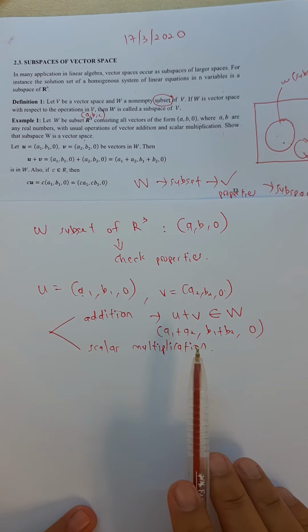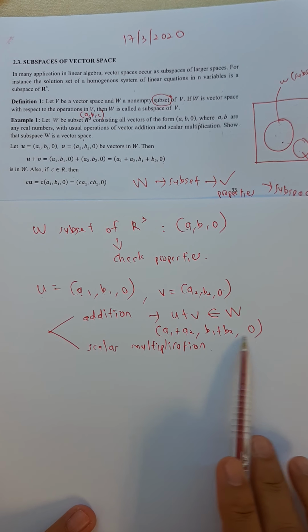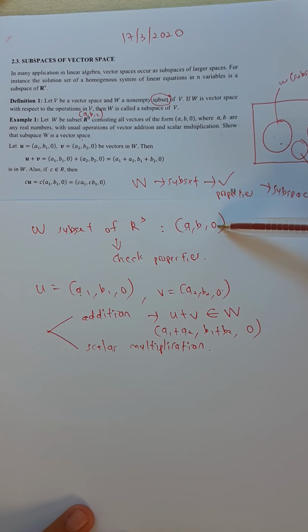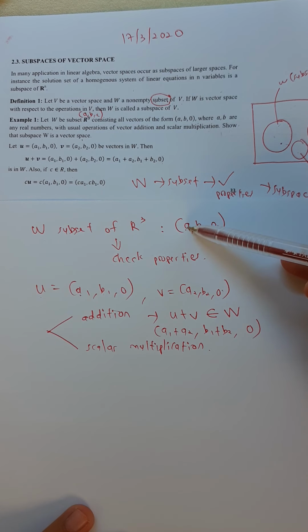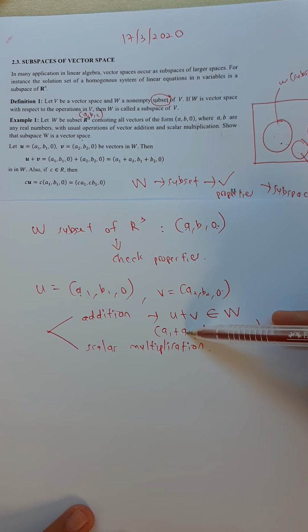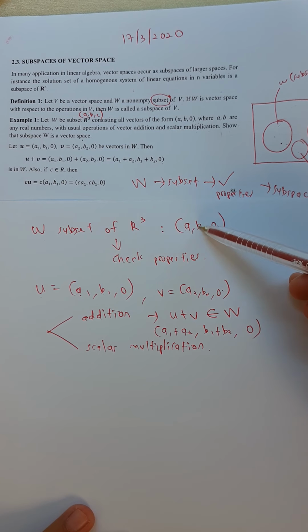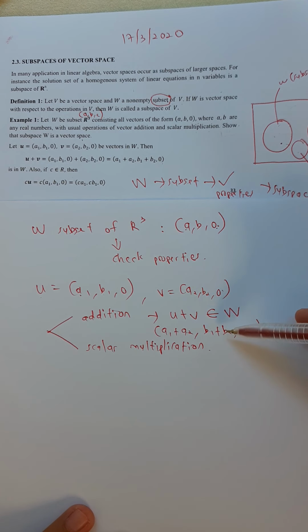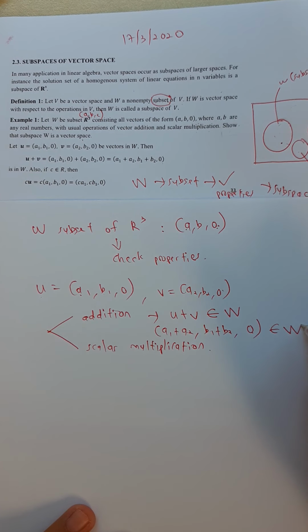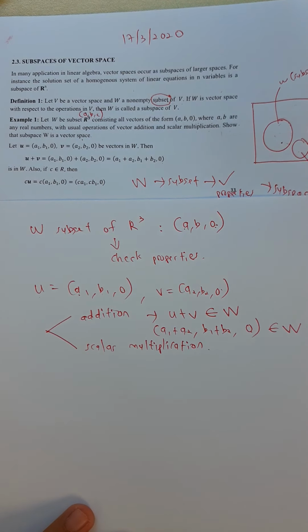Now you see, does this vector correspond to the same form given by this W? Yes, it does, because the first coordinate is any real number, and A1 plus A2 is also any real number. The second coordinate is a real number, and B1 plus B2 is also any real number. And the third coordinate is 0. So this is indeed inside W. So the addition part is done.